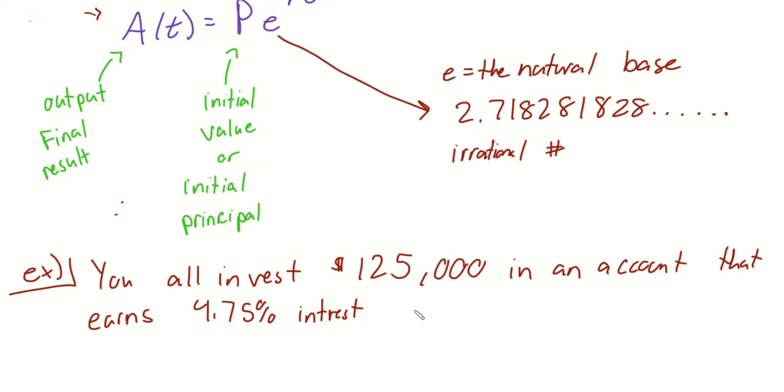Ask your partner next to you, Kennedy. That is compounded continuously. I want you guys to find the value in the account after 15 years.